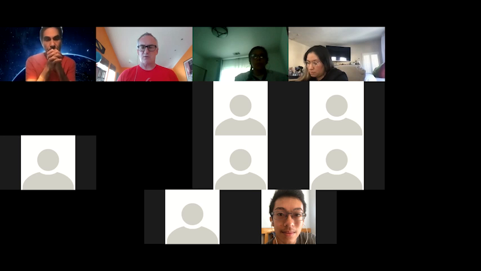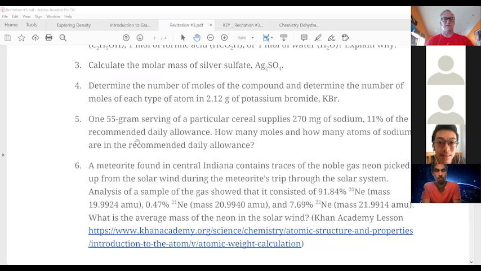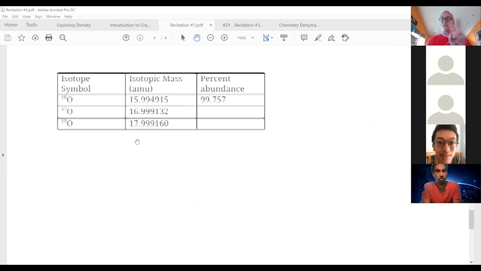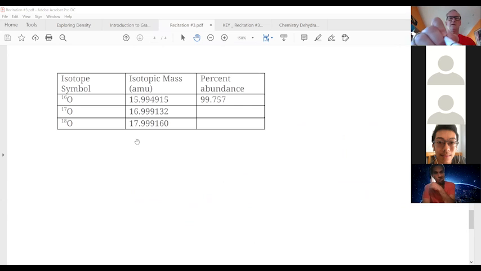Let's look at the last question. Last question is a doozy. So we've got 3 isotopes of oxygen, and the question is, what's the percent abundance of 17 and 18?